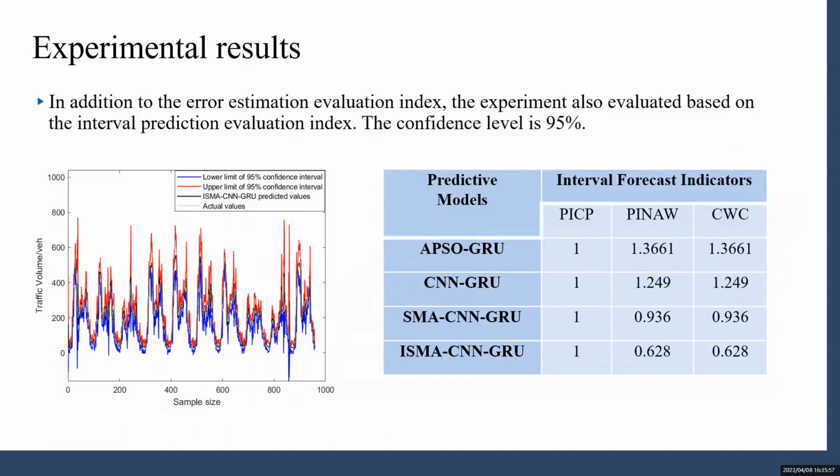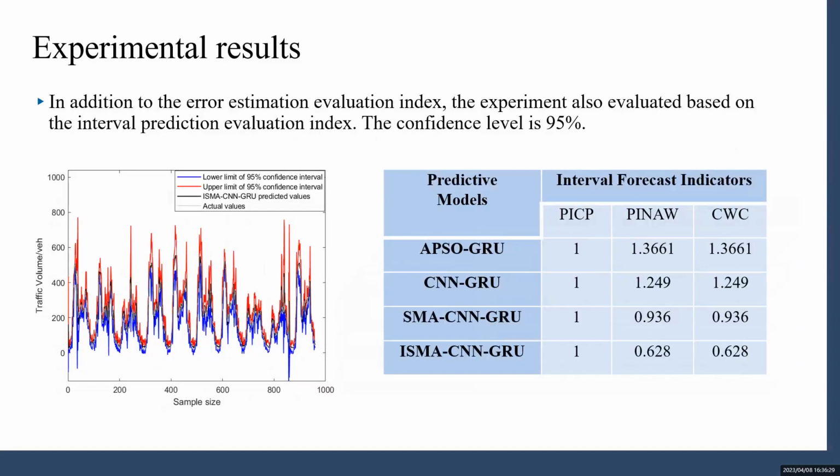The minimum CWC value of the ISMA-CNN-GRU model was 0.628. It fully illustrates the superiority of the ISMA-CNN-GRU model because when the PICP is determined, the smaller the PINAW and the smaller the value of CWC, the narrower the prediction interval, indicating better prediction.